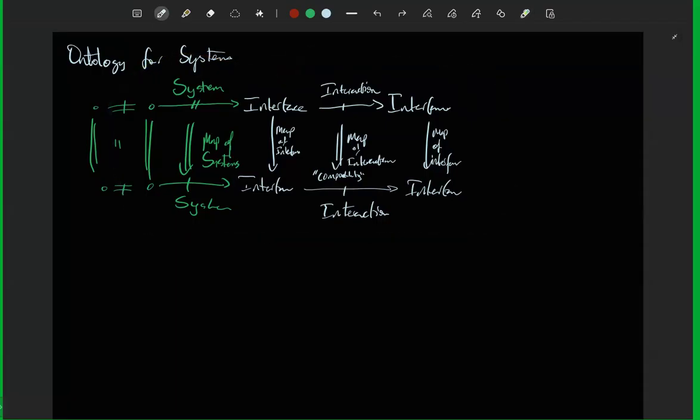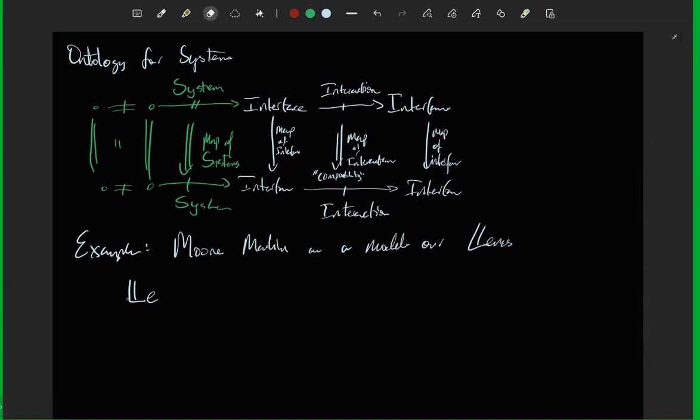And then as long as they ultimately compose in the same double category, I can get a module like this. So as an example, Moore machines are a module over lenses. Why? Well, a Moore machine is a lens.